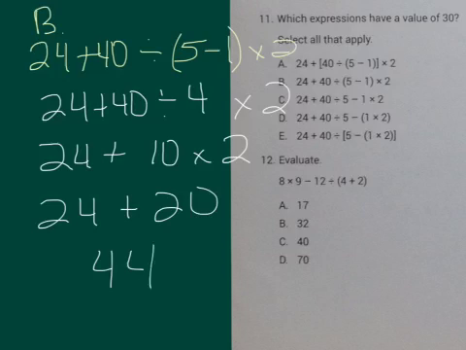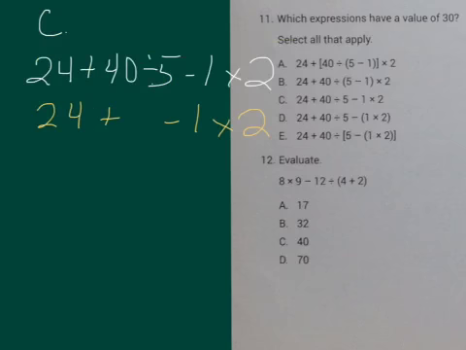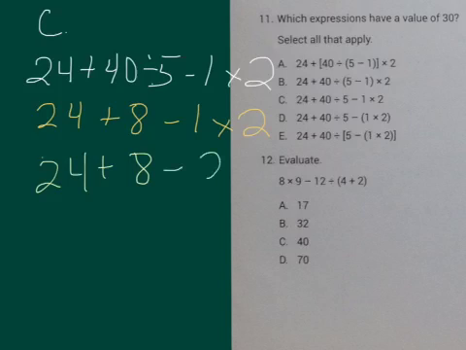Let's look at C. Okay, on C, we do not have an order of operations of parentheses, so we'll go to our next step. So next we're going to go from left to right, and so from left to right we're going to divide. 5 divided by 40 will be 8. So then we're going to do our next order of operation, and that is going to be 24 plus 8, and then so we can say 2 times 1 is going to equal 2.